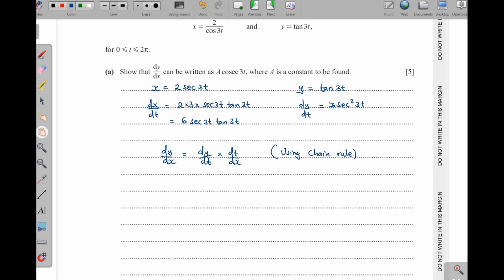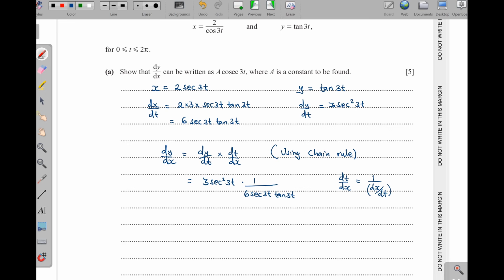And then we can substitute. So dy/dt is 3 sec squared 3t, then times dt/dx, which is 1 over dx/dt. So it is 1 over 6 sec 3t tan 3t. dt/dx is equal to 1 over dx/dt.